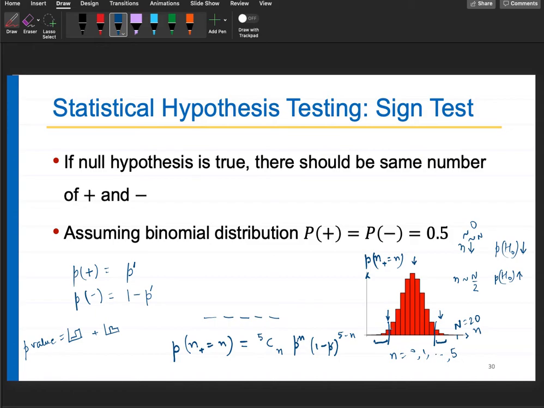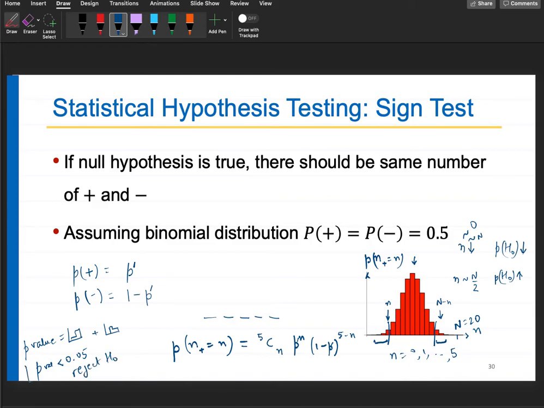If this is my n, you find the area under the curve below this n and the area under the curve above capital N minus n. Call that area your p-value. If that p-value is less than 0.05, you reject the null hypothesis. If it is more than 0.05, accept the null hypothesis.